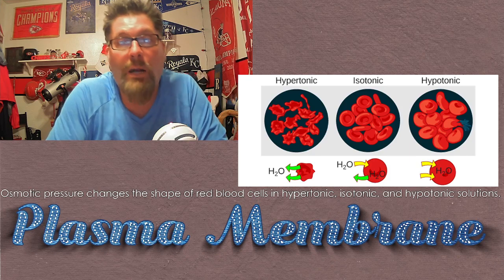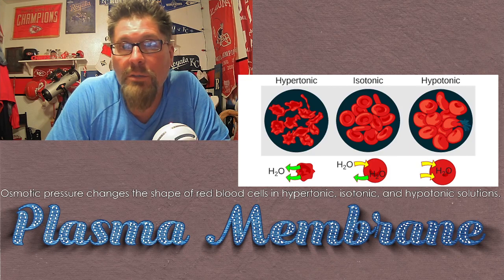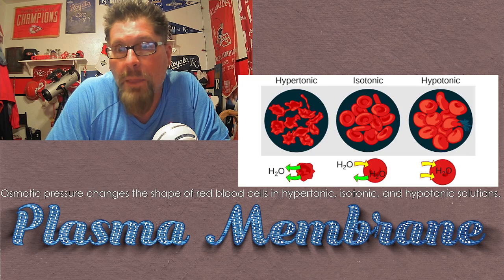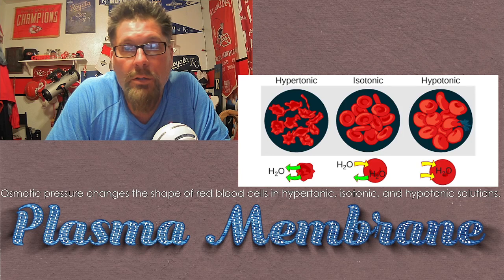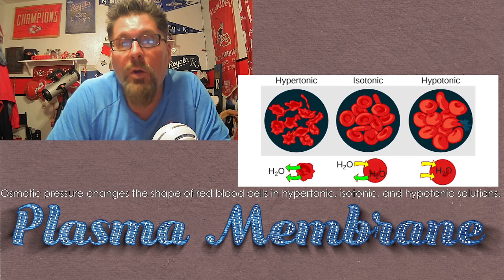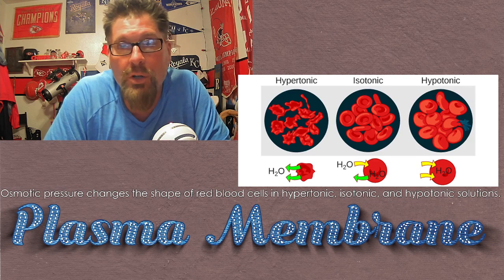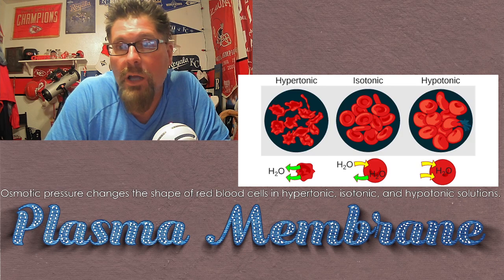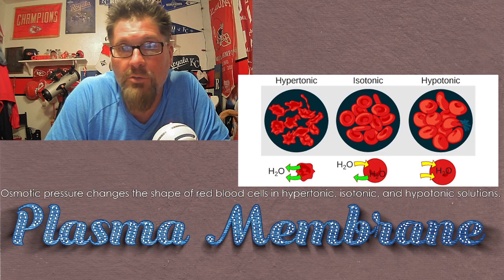Okay, so this is an animal cell. These are obviously even blood cells, perhaps. And you can see that hypertonic, the water is going to go outside the cell, and you can see the cells shriveled up, which is bad.